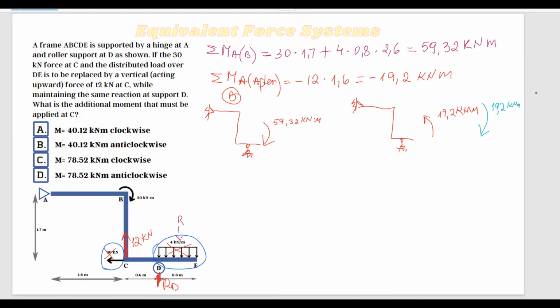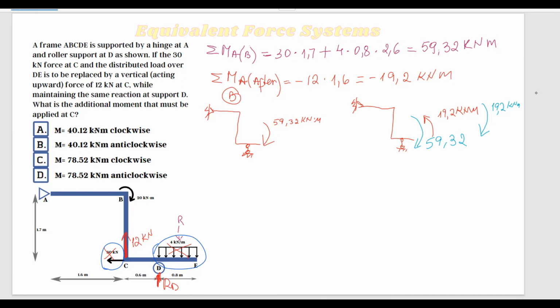And that's going to get me to 0, right? And in order to get to 59.32, I'm going to have to add another moment going downwards of 59.32. Does that make sense? I hope you're following me.